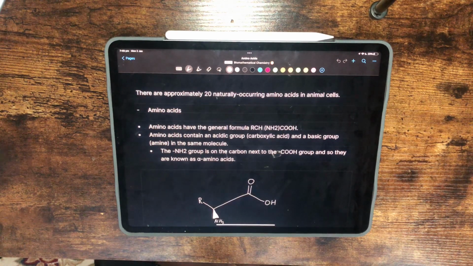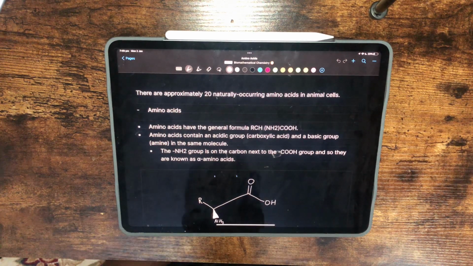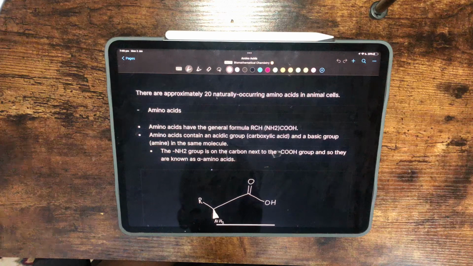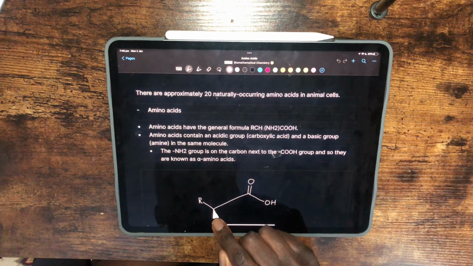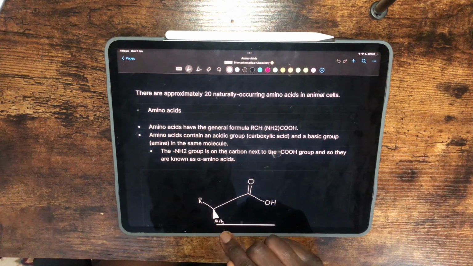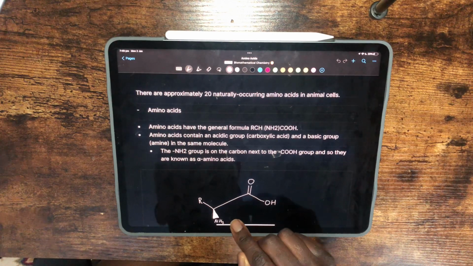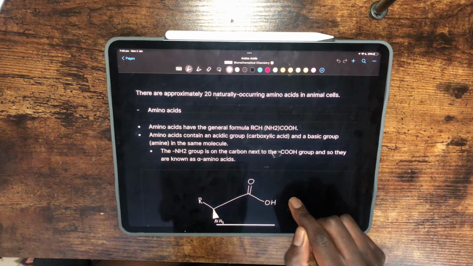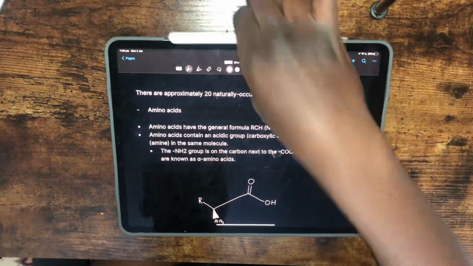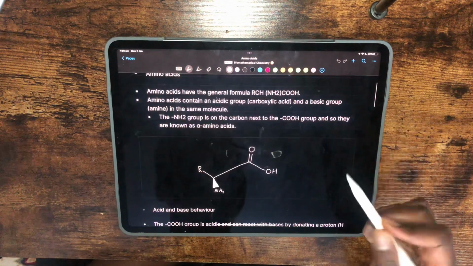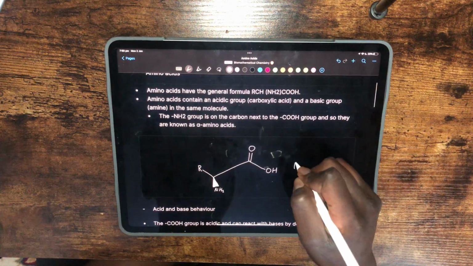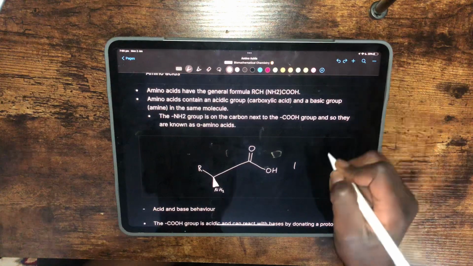So there are approximately 20 naturally occurring amino acids in the animal cell. An amino acid has the general formula RCH NH2 COOH. I personally like writing it down like this, because I don't like the diagram here.